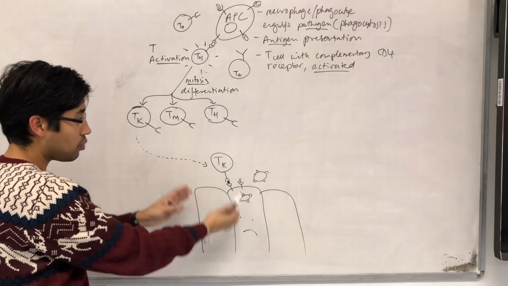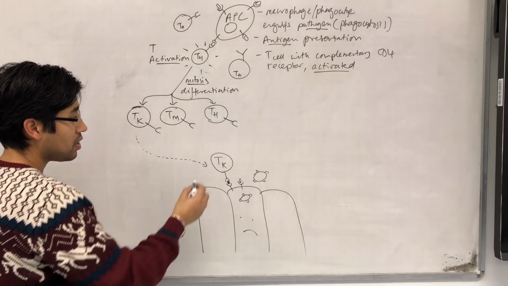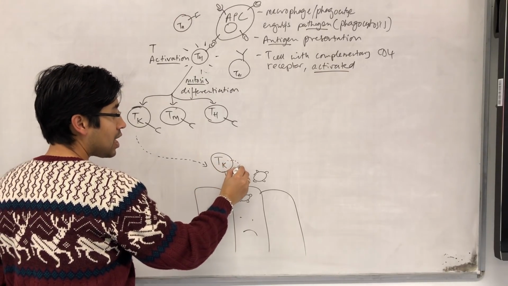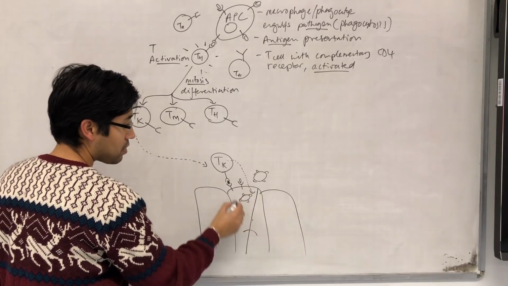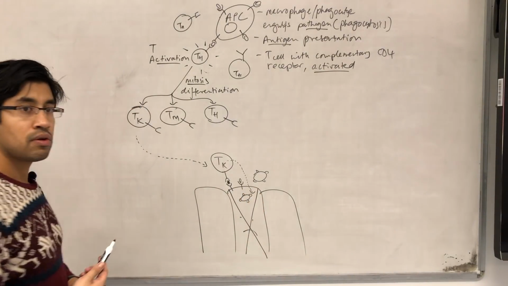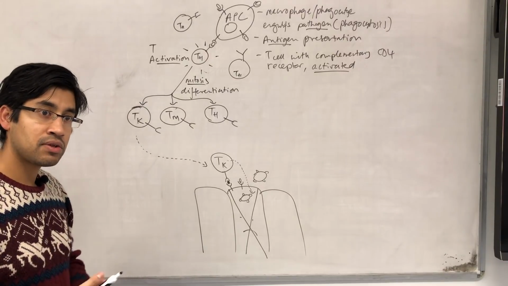When this interaction happens, the T killer cell releases chemicals or substances that cause the death of the cell it has attached to.